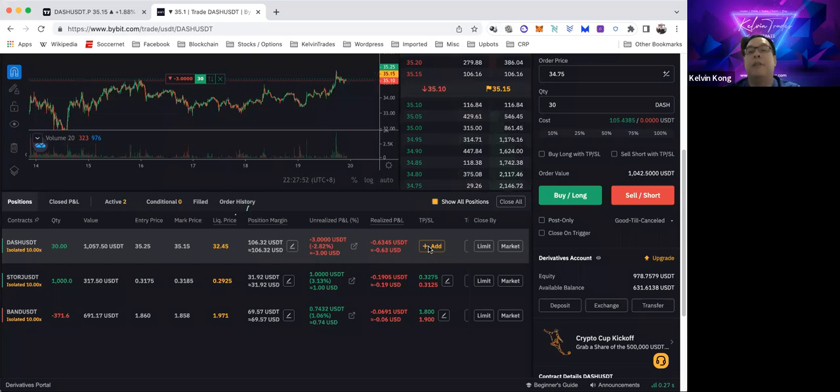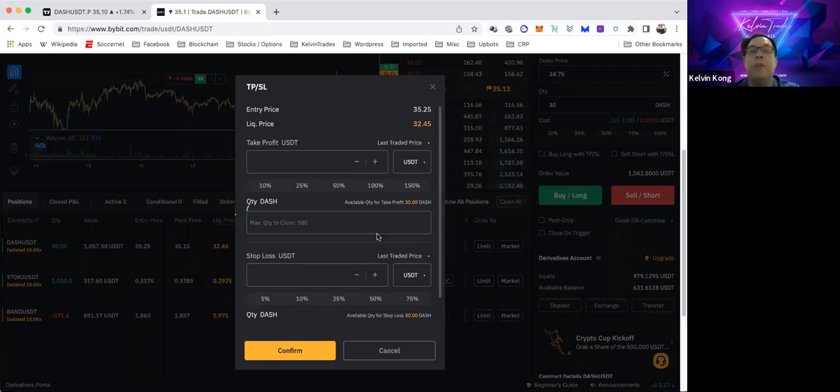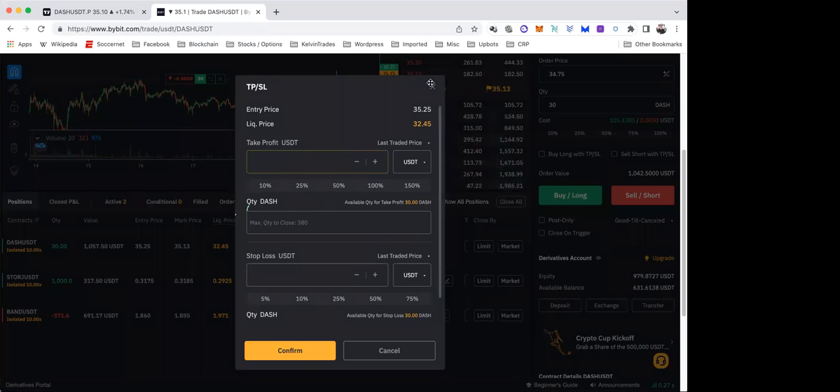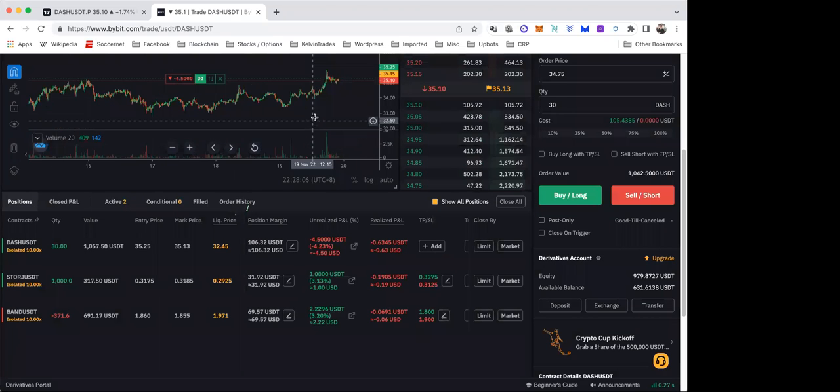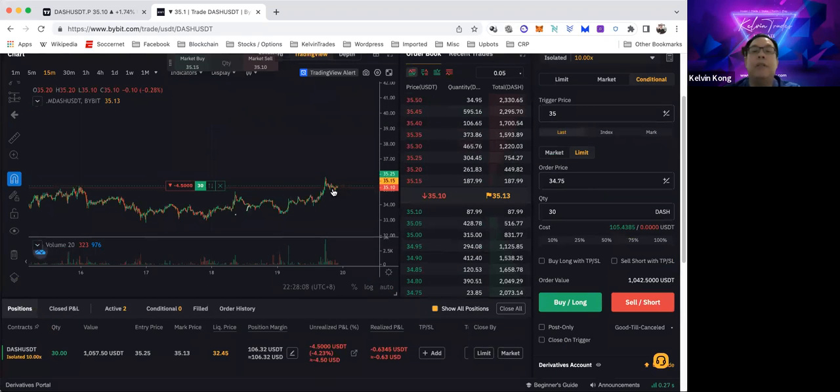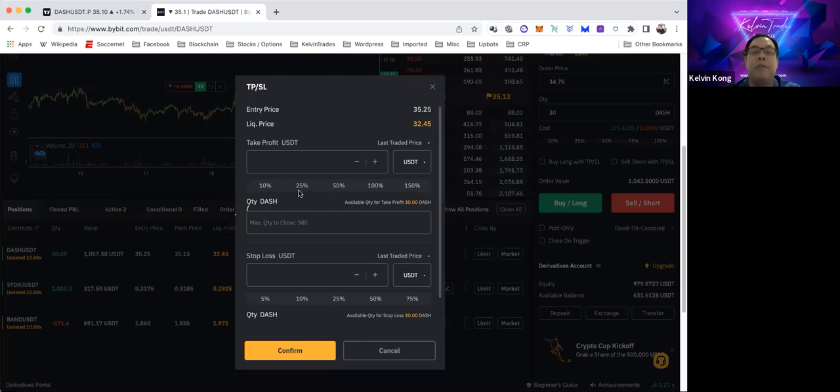So how to use this TPSL market order for setting multiple take profits? It's very simple. Let's say I want to take profit at first TP, $37, for example.